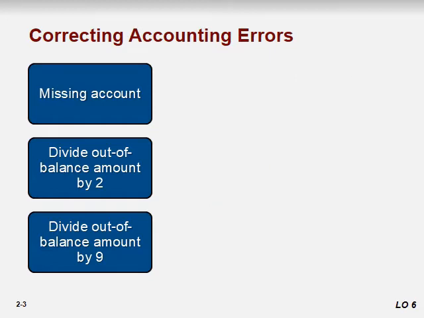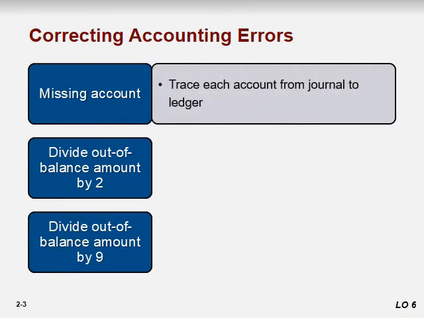So basically, for the missing account, trace each account from the general ledger, right? You missed some recording, you didn't post on the ledgers, and when you make a trial balance, the balances are not matched, the equation is not matched.